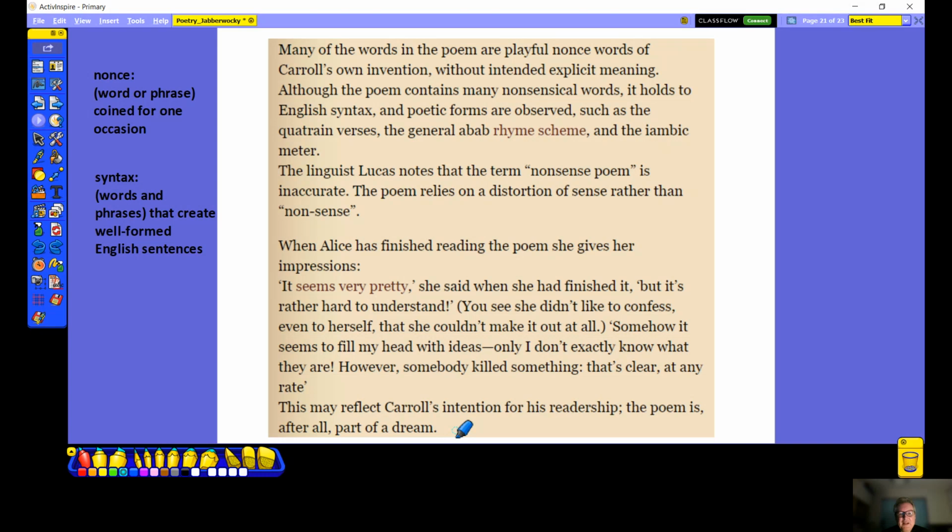But on rereading, it does actually fill your head with ideas of story and ideas of creation. And it fits perfectly with the idea of being part of a dream world. I hope maybe you're coming along with me on this thought.